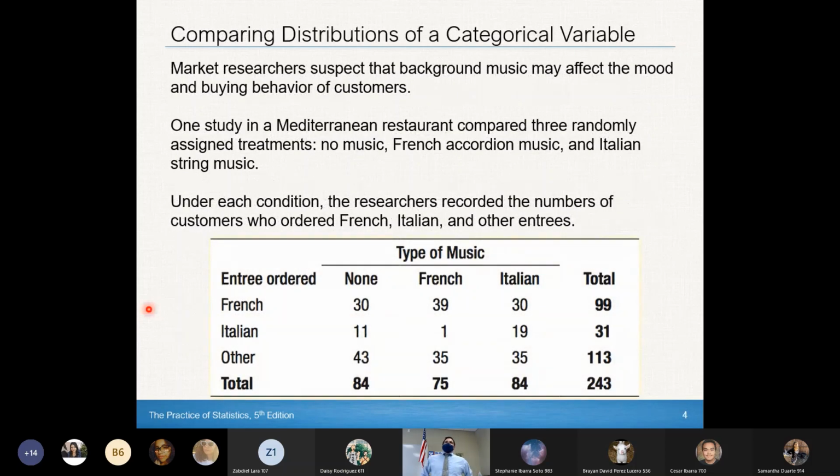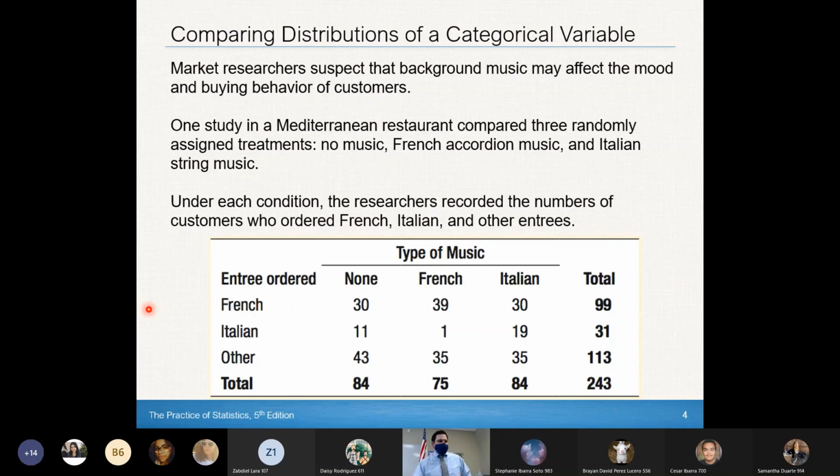All right, market researchers suspect that background music may affect the mood and buying behavior of customers. One study in a Mediterranean restaurant compared 3 randomly assigned treatments: no music, French accordion music, and Italian string music. Under each condition, the researchers recorded the numbers of customers who ordered French, Italian, and other entrees.